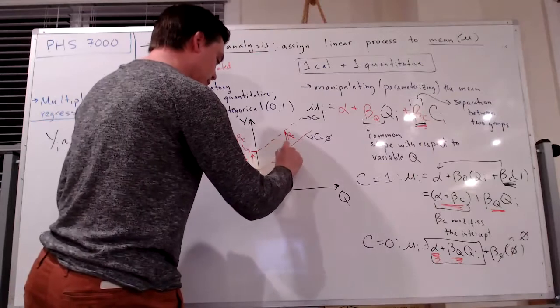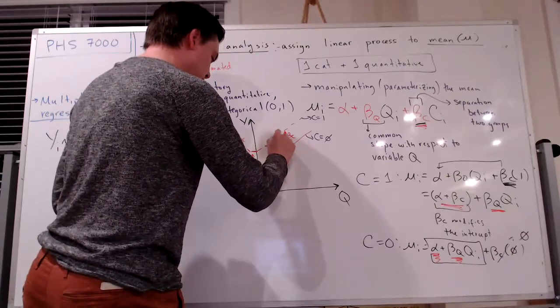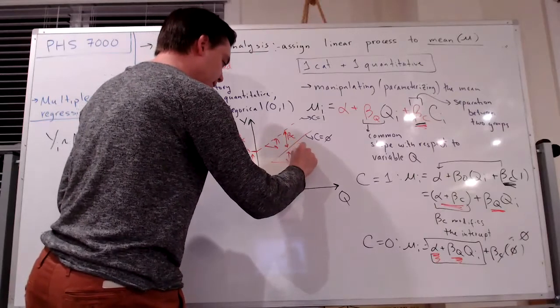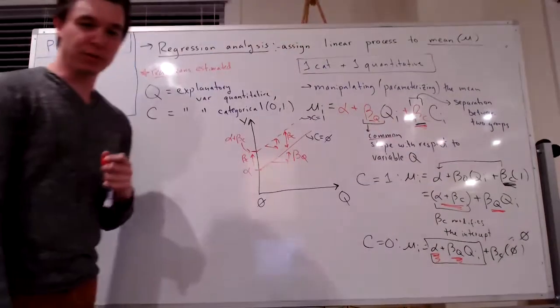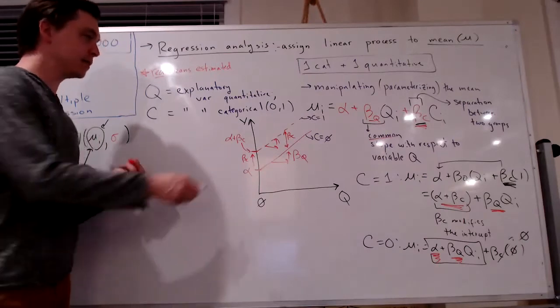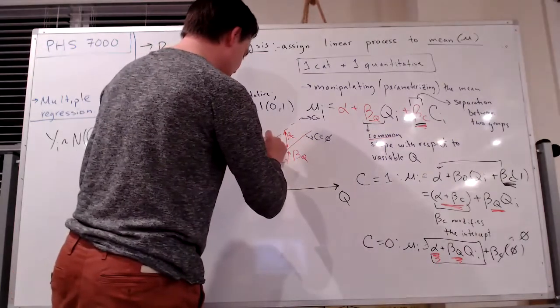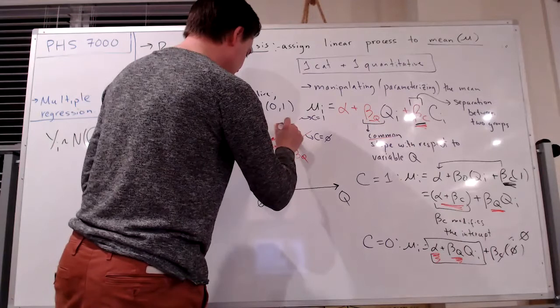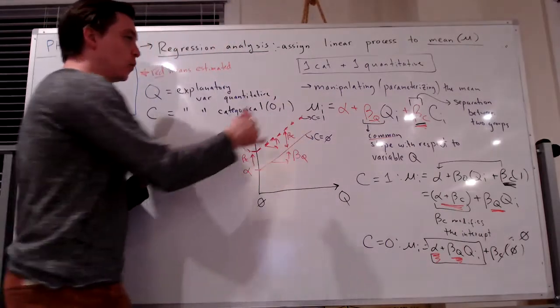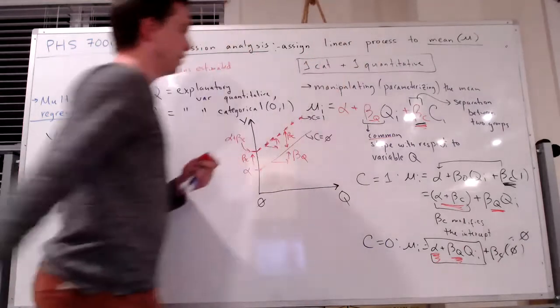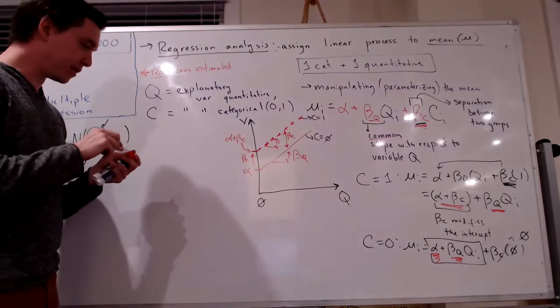And the slope will be the same, beta Q. It's the common slope. That's the world that we propose when we fit one categorical and one quantitative variable.